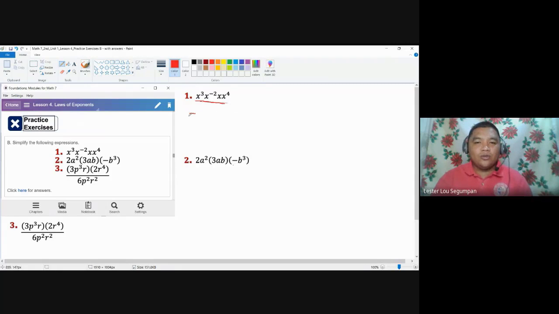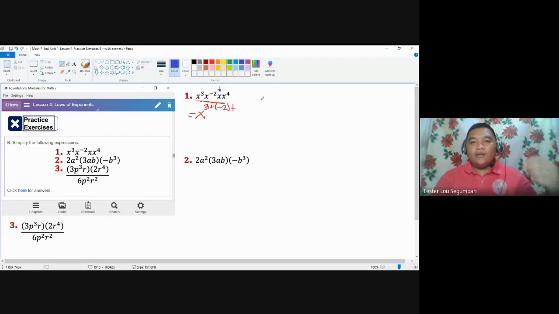What we need to do is to copy the similar base, and then you simply add exponents. So you have 3 plus -2 plus, what do you think is the exponent of the third x here?